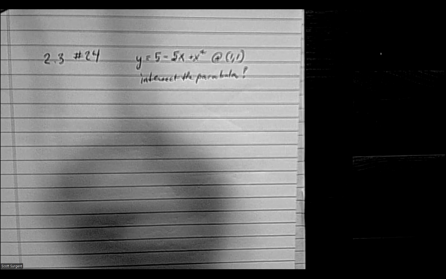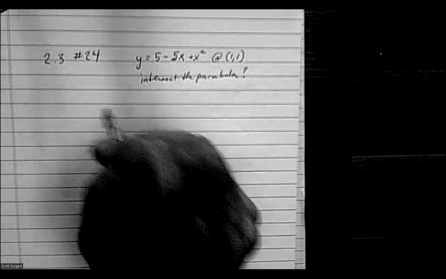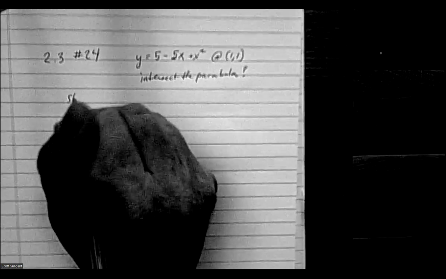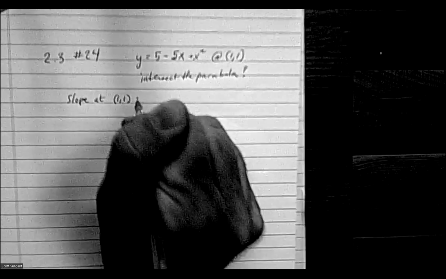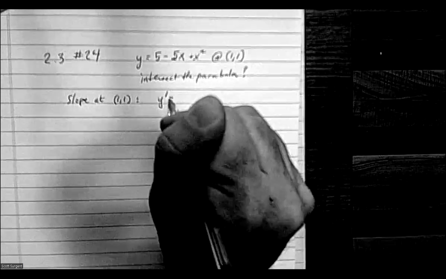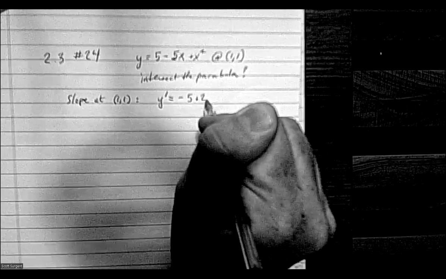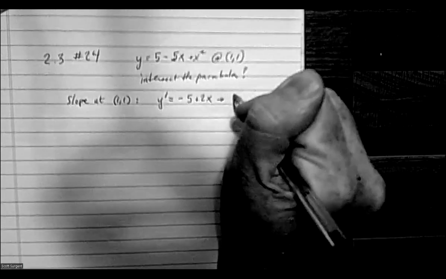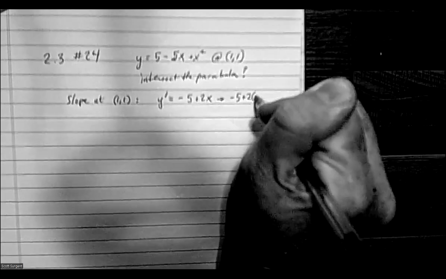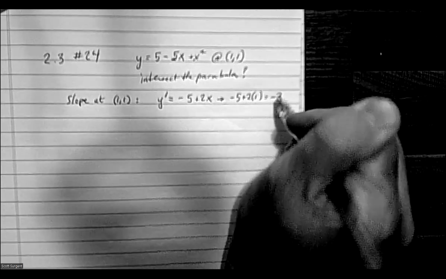Okay, so what we need to do is figure out the slope at 1, 1. So the derivative is -5 plus 2x. We plug in a 1, -5 plus 2 times 1, and you get -3.